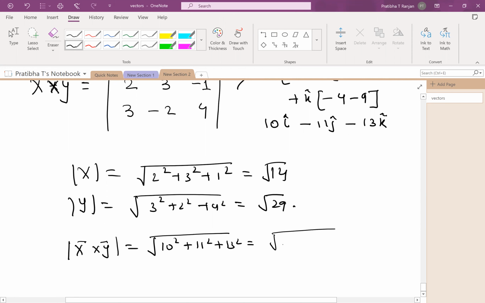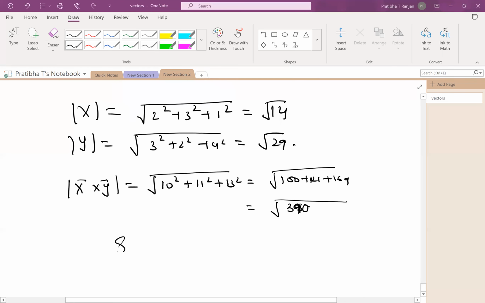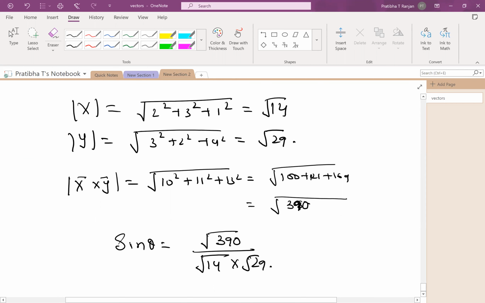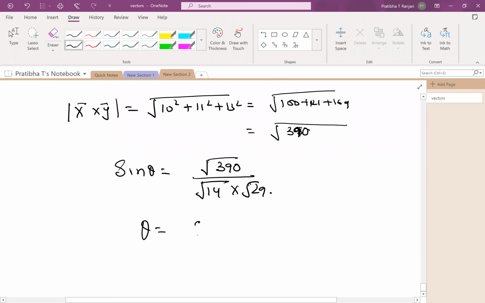That is 100, 121 plus 169, so this is 390. Now sine theta will be simply square root of 390 over square root of 14 times square root of 29, right? And then theta will be sine inverse of square root of 390 over 14 times 29, right?